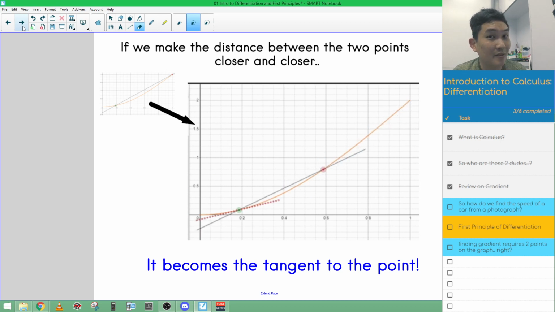Remember, approach means that we have to take limits. Yes, that's why we learned limits before learning differentiation. So if we take limits and allow the 2 points to become so close to each other, then the black line becomes exactly the tangent line to the green point.